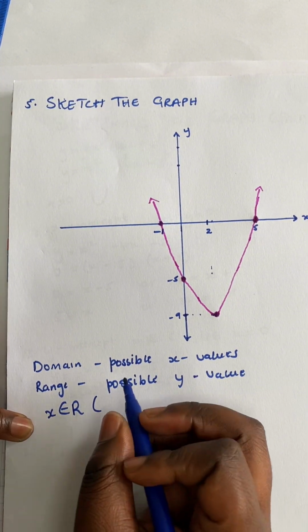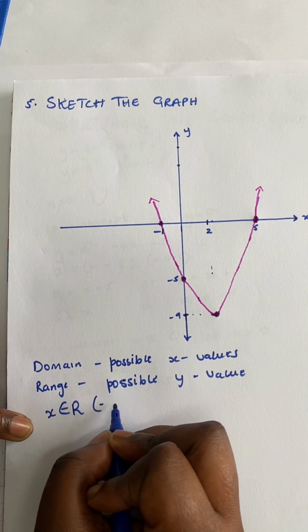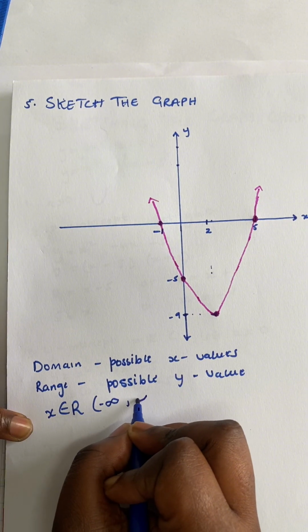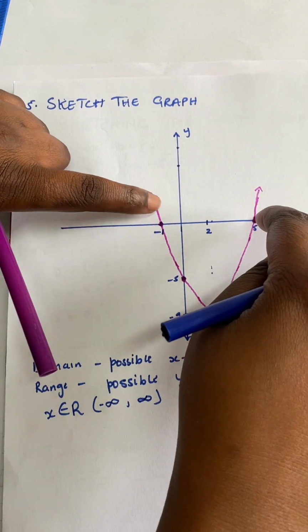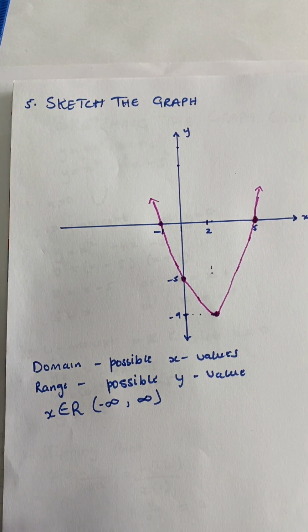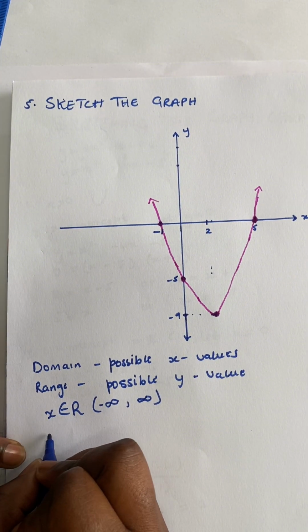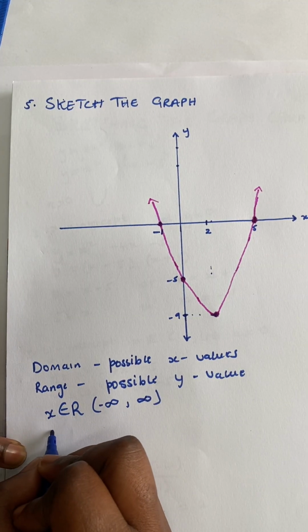What does this mean? It means that your x values are from negative infinity to positive infinity. Remember, these are your x values, and they are going up. The arrows mean that they keep on going up and up and up until infinity. And then your y will be slightly different.